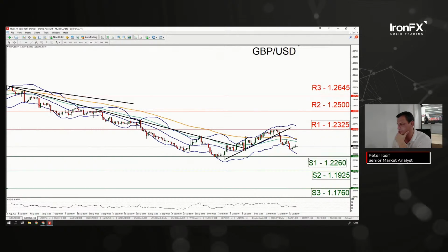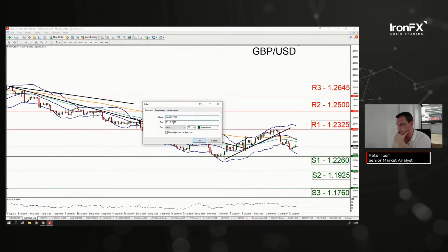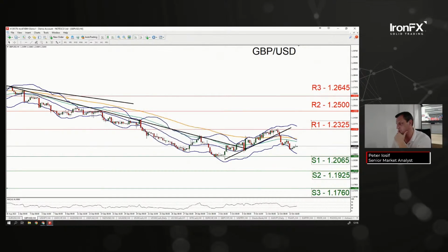The S1 at 1.2065. The R1 at 1.2325. It's a pretty wide corridor here. 1.25 for the R2 and 1.2645 for the R3. That's it. Let's lock everything in.